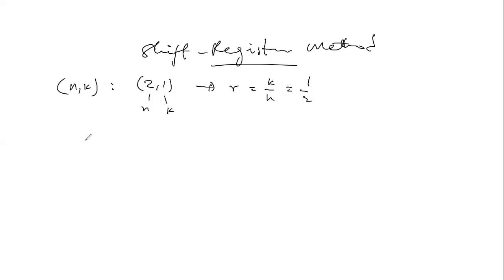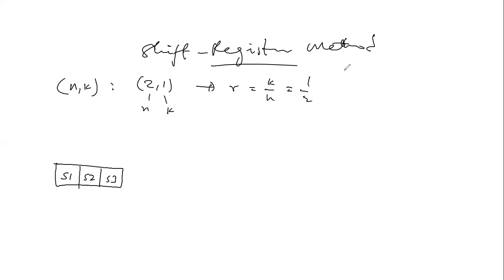Now, if for instance it is a 3-stage convolution code, the number of shift registers tells us the number of stages. So S1, S2, S3.